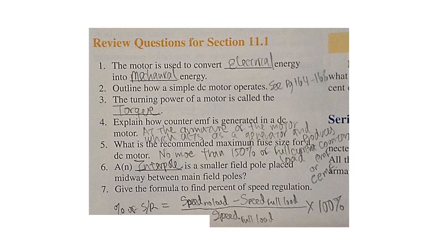But in simple terms, a DC motor is nothing but an arrangement of electromagnets and field magnets or field windings and an armature. There is also something called a commutator and brushes.